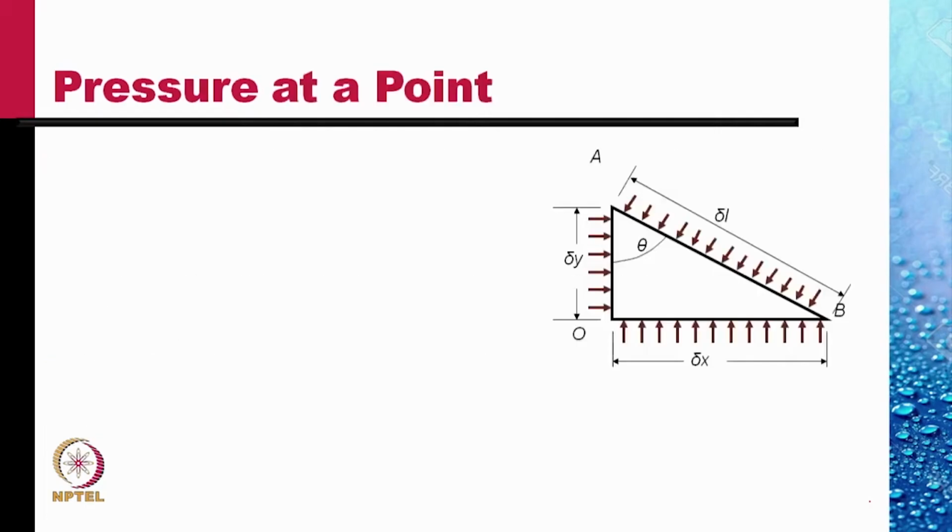Let us consider the concept of pressure at a point. Imagine a small triangular element as shown. This is a fluid element. We draw a free body of this element, AOB.